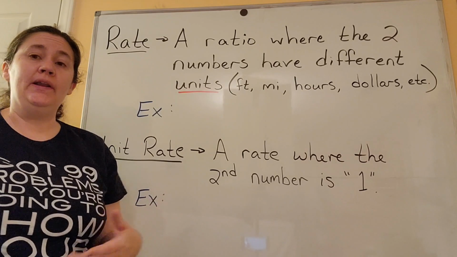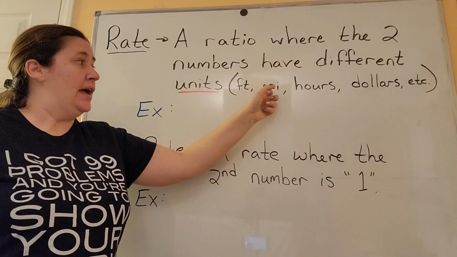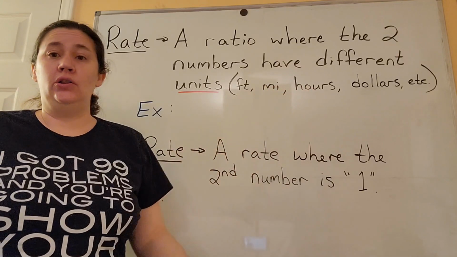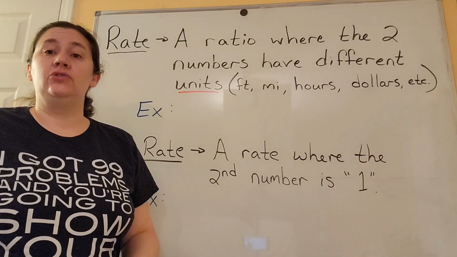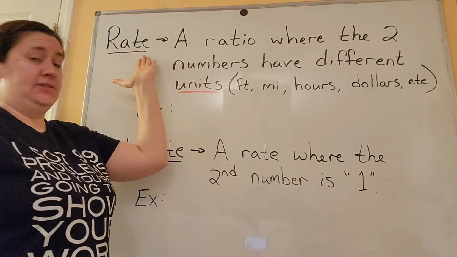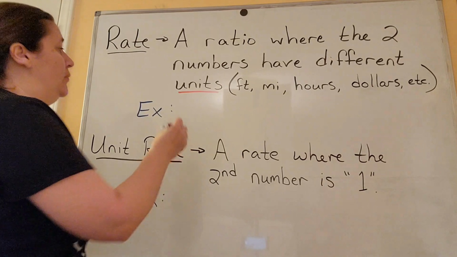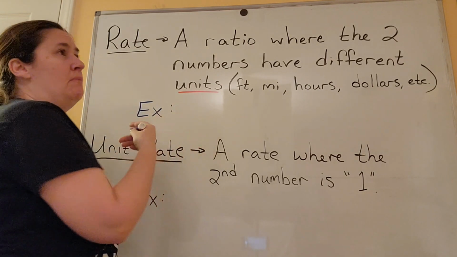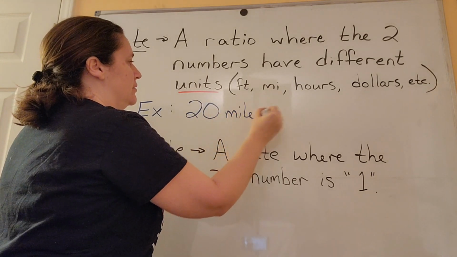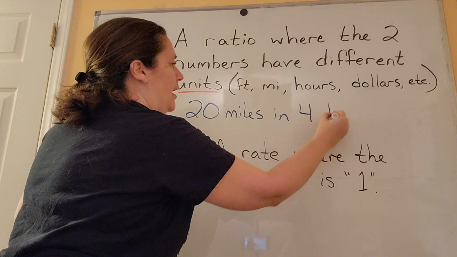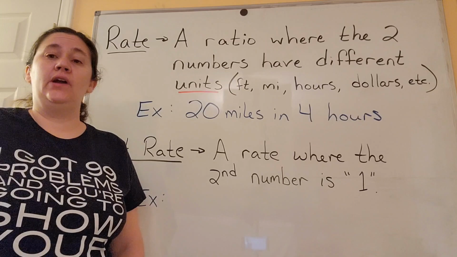And units are whatever numbers are measured in. The units might be feet or miles or hours or dollars or gallons or meters or seconds. Those are all units. So in a rate, the two numbers in the ratio have different units. For example, you might drive 20 miles in 4 hours.